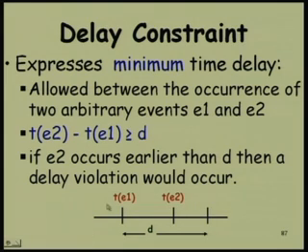Just see here, E1 occurs, and now for E2, let us say D is the delay constraint, then E2 should occur after D. T2 minus T1 must be greater than or equal to D. So, if it occurs before D, then it has violated the delay constraint, which is the delay violation. E2 has occurred earlier than D and there is a delay violation.